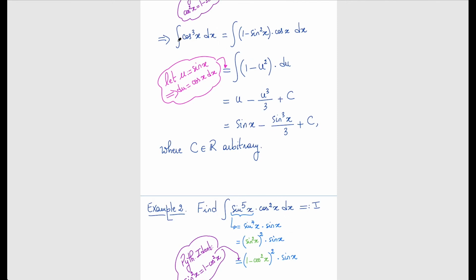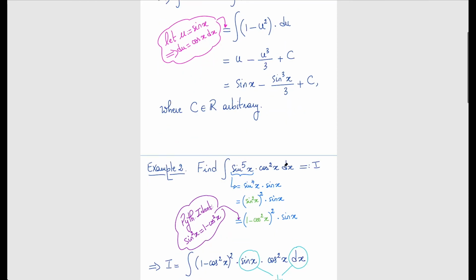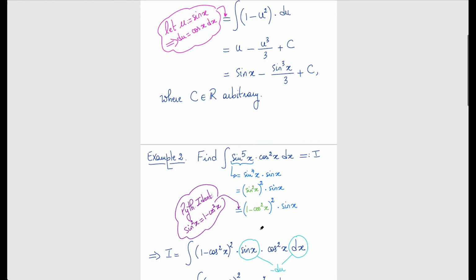In this case, we separated a single factor of cosine because the power of cosine happened to be 3, which is odd, and in this case the power of sine was odd, so we isolated a single factor of sine, correct? Now if the integrand contains only even powers of both sine and cosine, then what we just did in examples 1 and 2 fails.